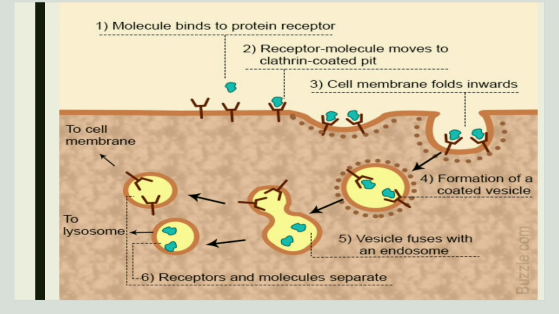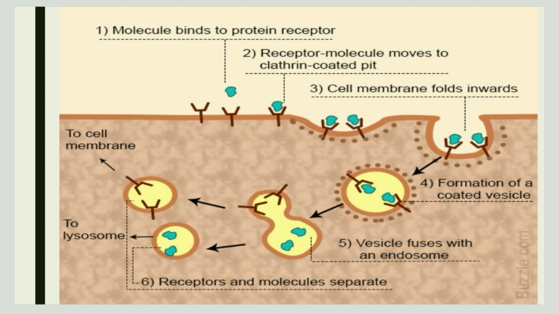Once these vesicles fuse with endosomes, the clathrin coating is removed, and the contents are moved inside. After this, the receptors and molecules get separated, and the receptors move to the cell membrane, whereas the molecules move towards the lysosomes. So this is the process of receptor mediated endocytosis.